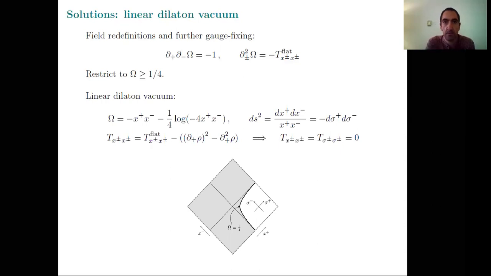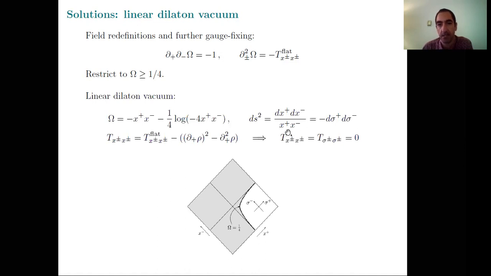All right, the first solution is what's called the linear dilaton vacuum. Omega takes this form. Like I said, these equations are simple enough that you can, for example, quickly check this one and see that the derivative is -1. The metric, if I wanted to go back to what the conformal mode rho looks like, is like this.